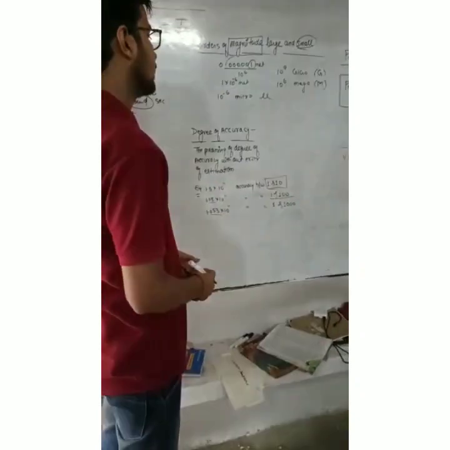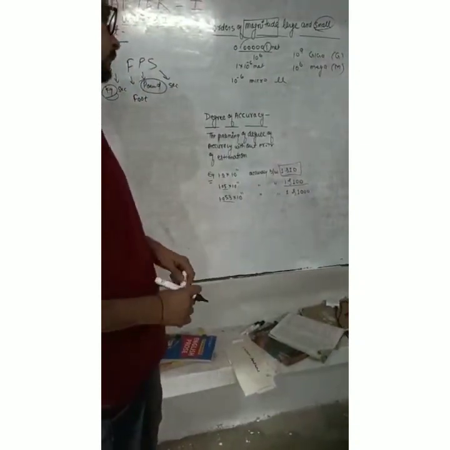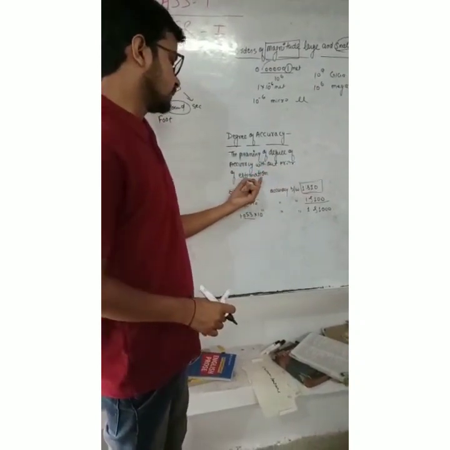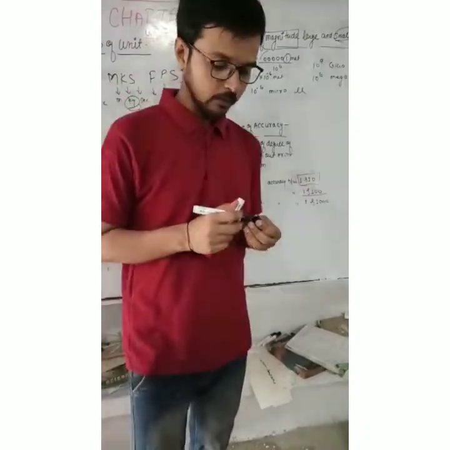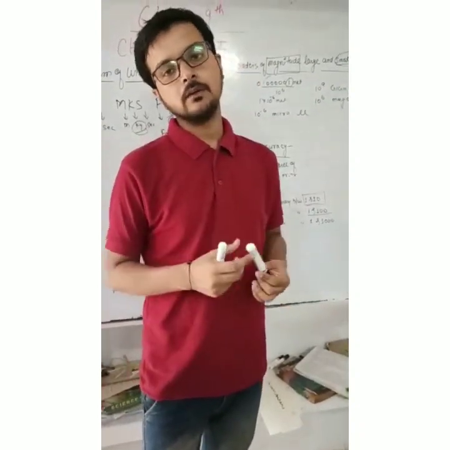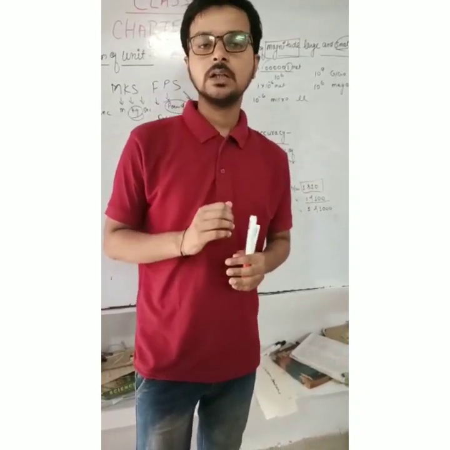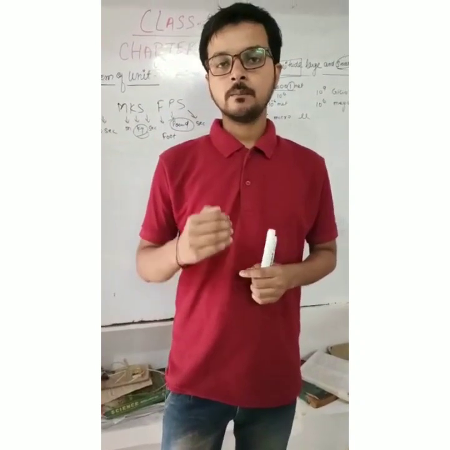Now students, our next topic is degree of accuracy. What is degree of accuracy? The meaning of degree of accuracy is being without error of estimation. Students, you know that when we measure any physical quantity, we must be very careful, because lots of errors occur in our measurement.